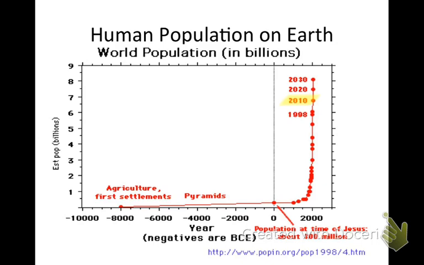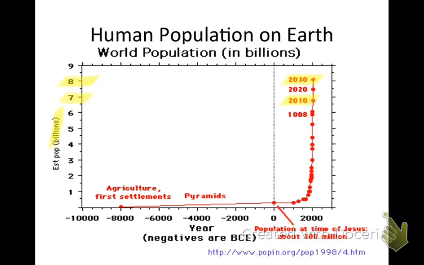By the time that we reach 2030, they're predicting that our population is going to be 8 billion. Billion with a B. Right now, as of 2010, we actually had 7 billion people. Who knows? We might even surpass that 8 billion. Who knows?